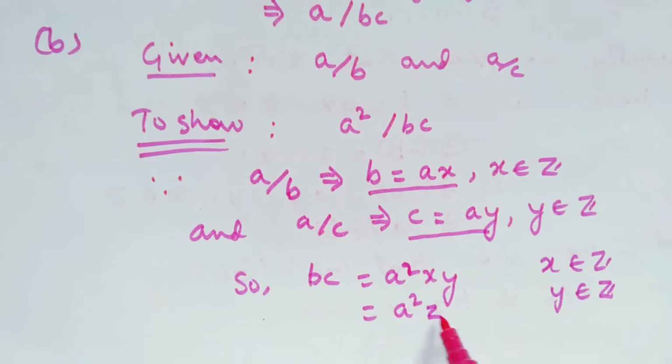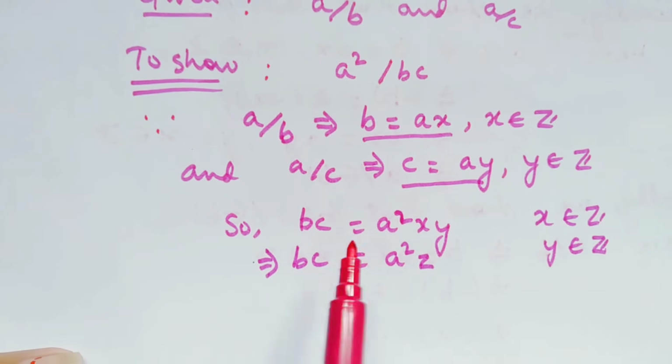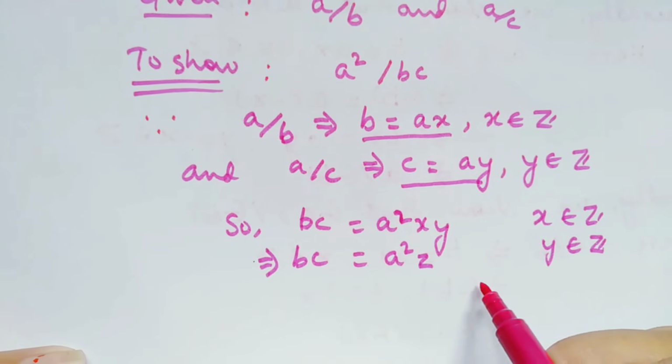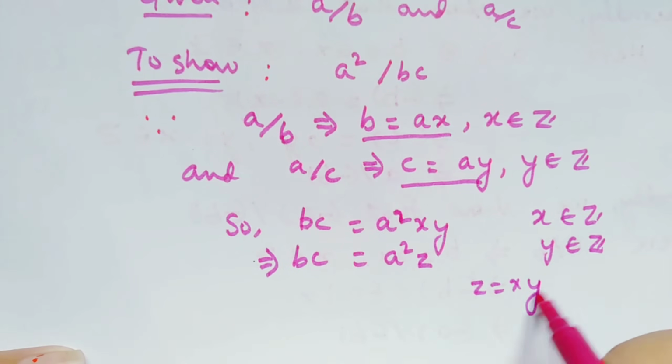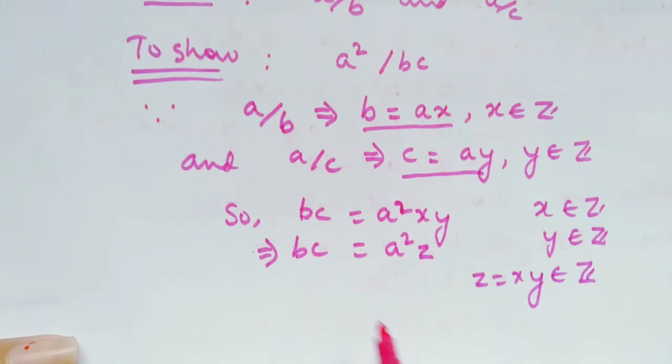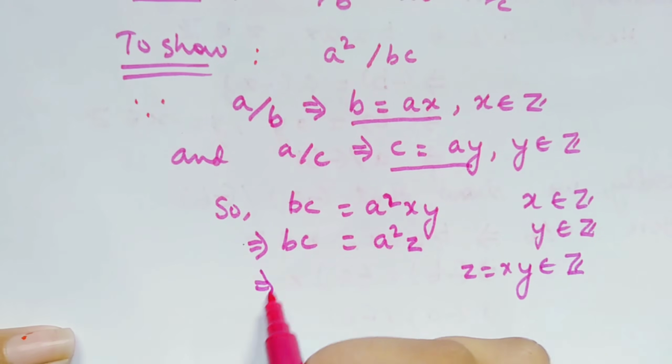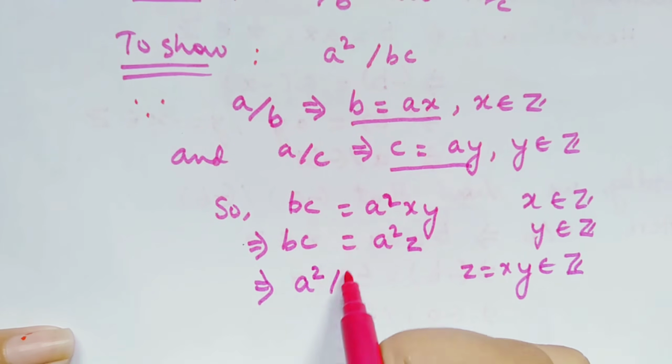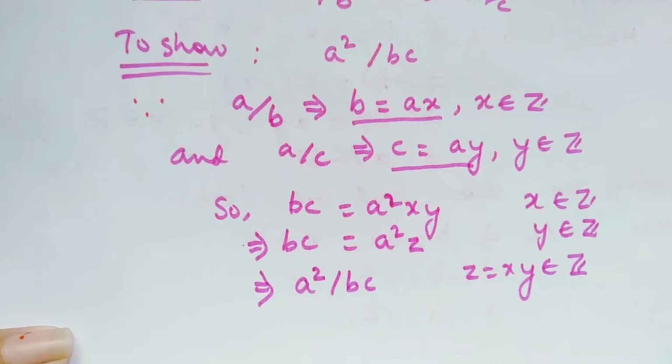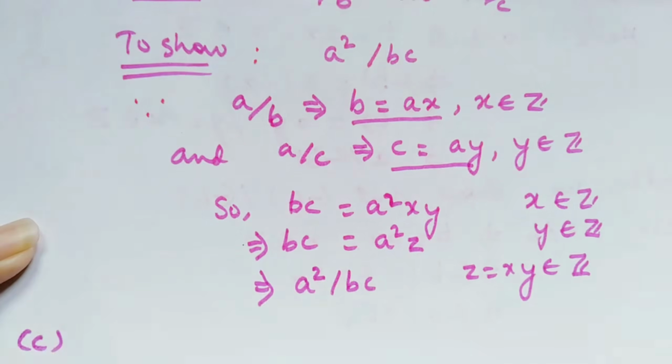Let that one be Z. Since we have expressed BC as A square into some integer, where Z is equal to XY, which belongs to the set of integers, we conclude that A square divides BC. Very simple.